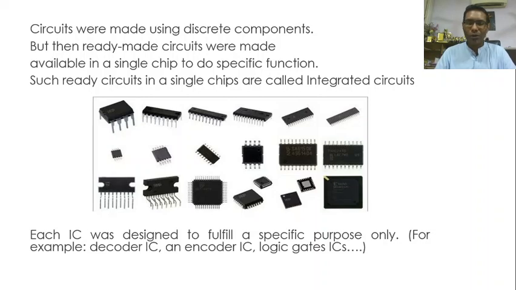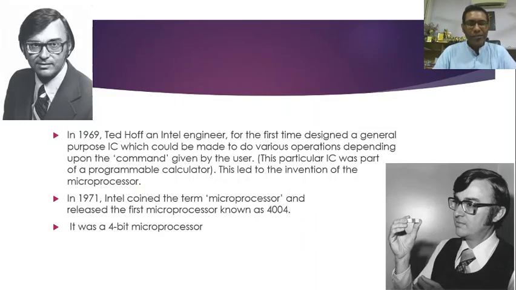So for example, you have a decoder IC, you have an encoder IC, you have logic gate ICs, ICs of AND gate, NOR gate, OR gate. Then in 1969, Ted Hoff, an Intel engineer, for the first time designed a general purpose IC.